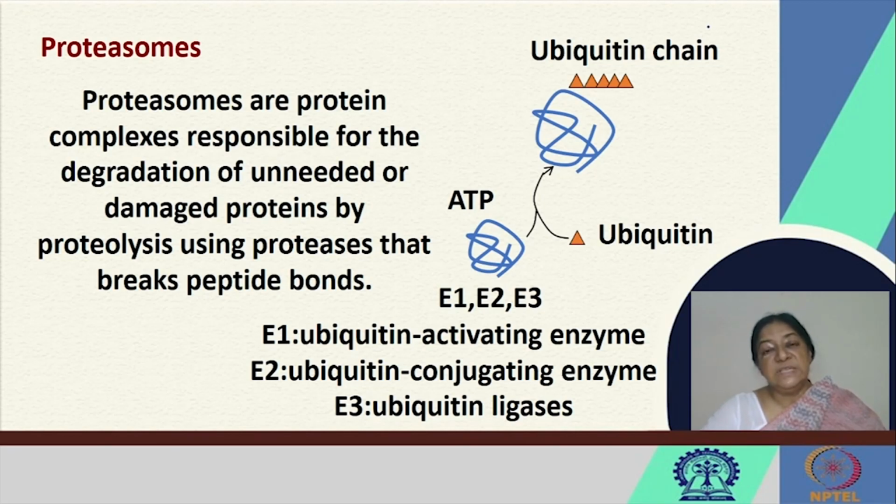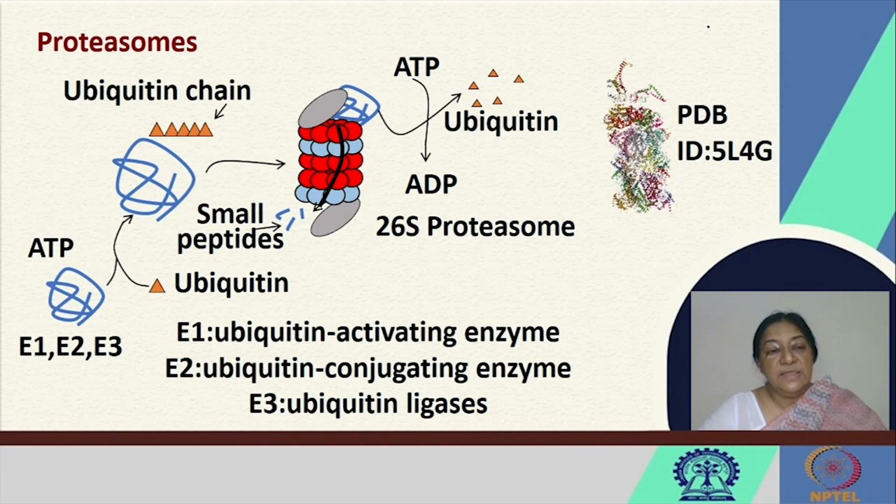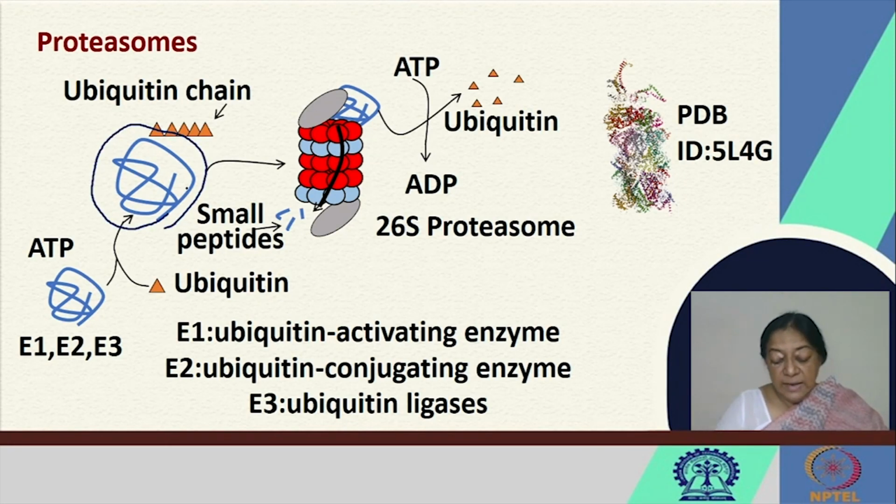Once we form this linked protein chain, then we have the ubiquitin chain linked to our polypeptide chain. Then there is this 26S proteasome unit, which takes the protein tagged with ubiquitin.